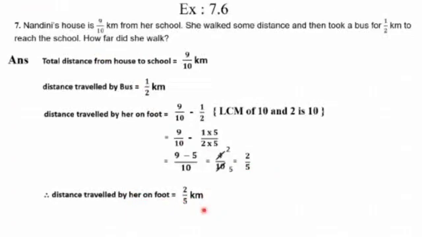I hope students you have understood. The next question is of exercise 7.6, 8th sum. Asha and Samuel, two students, or we may say two friends, have bookshelves of the same size. They both have bookshelves where they keep their books, and both of them have exactly the same bookshelves.